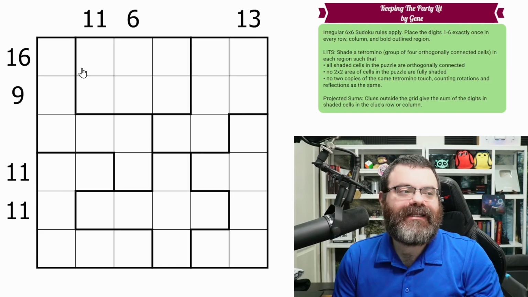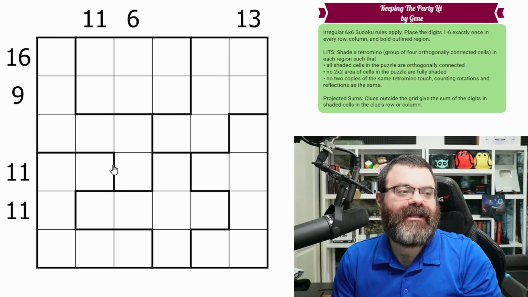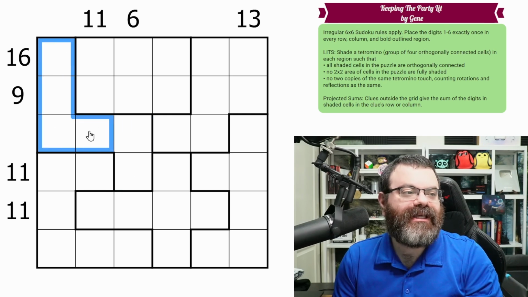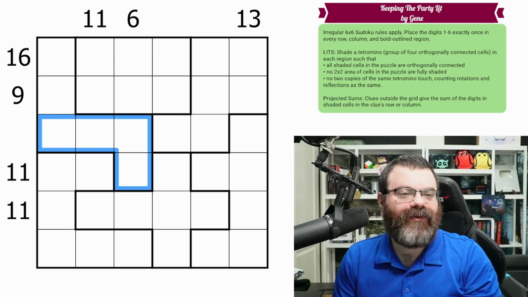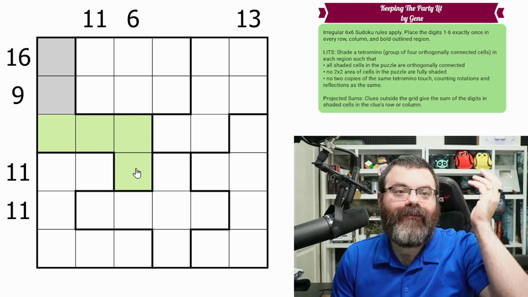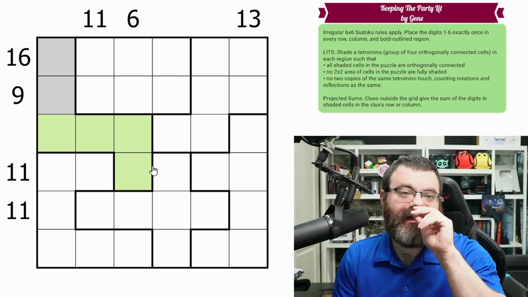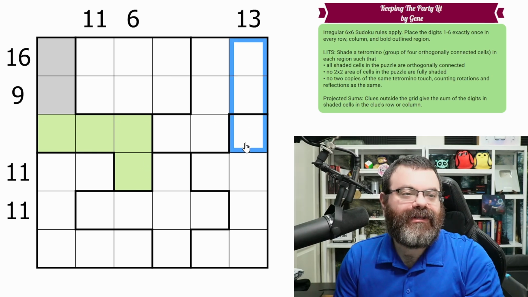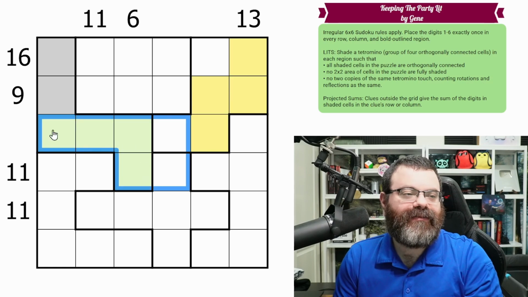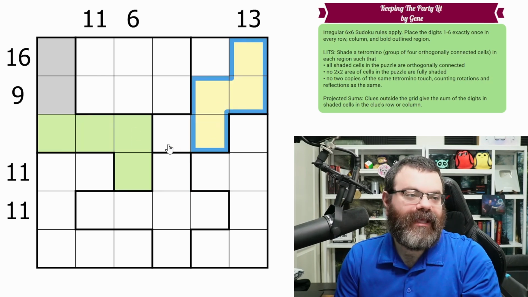So what we're doing is in each of these regions, we are shading exactly one tetromino. So we're shading 4 of the cells in the region. So maybe these 4, maybe these 4, maybe these 4. Let's say we shade these 4. That means the other 2 are not shaded. All right. And all shaded cells in the puzzle are orthogonally connected. So if we were to do it like this, this yellow and this green tetromino would end up having to connect in some way eventually. All right.